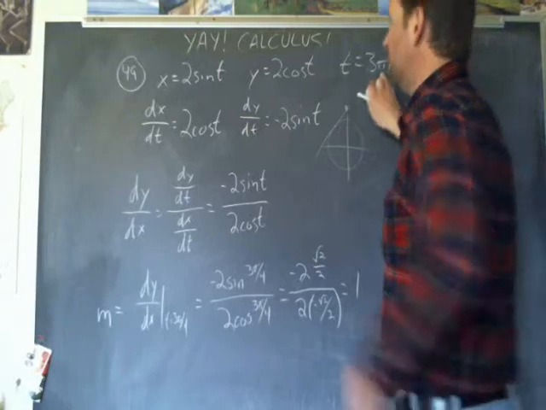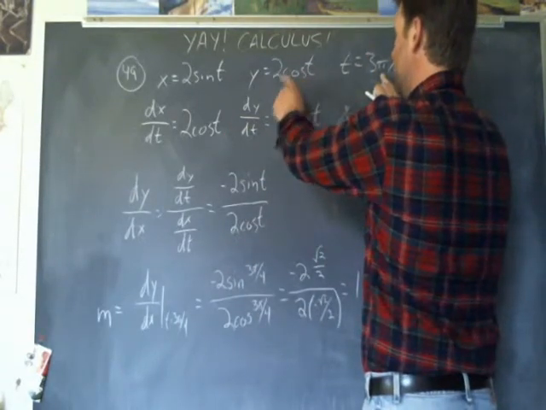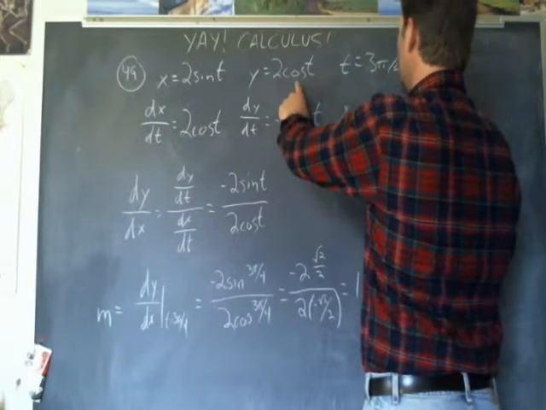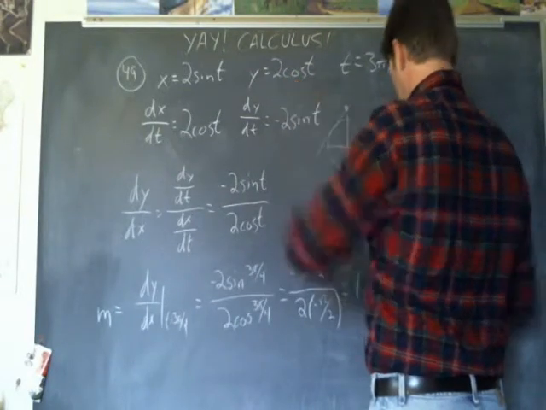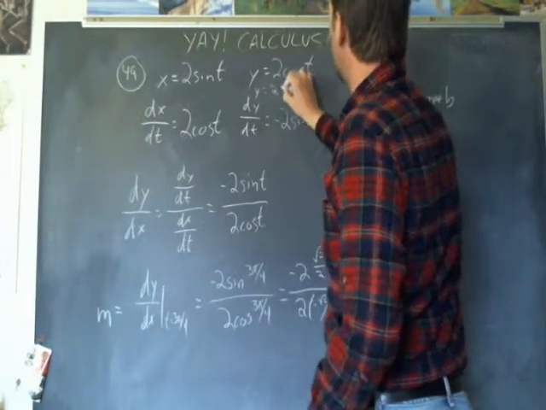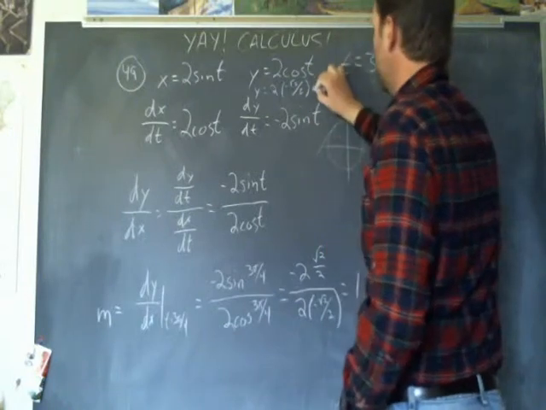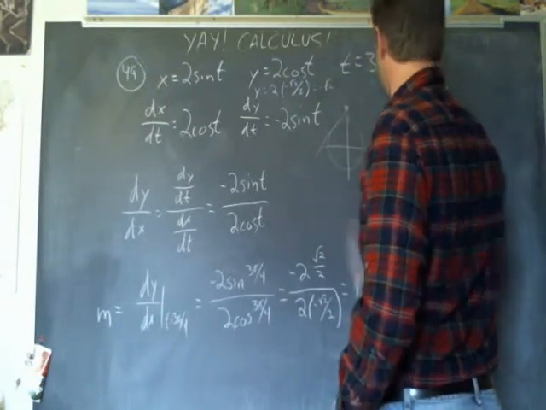No. So y at 3 pi over 4, cosine of 3 pi over 4 is negative radical 2 over 2, times 2. I'll write that out. So y equals 2 times negative radical 2 over 2, which is just equal to negative radical 2.